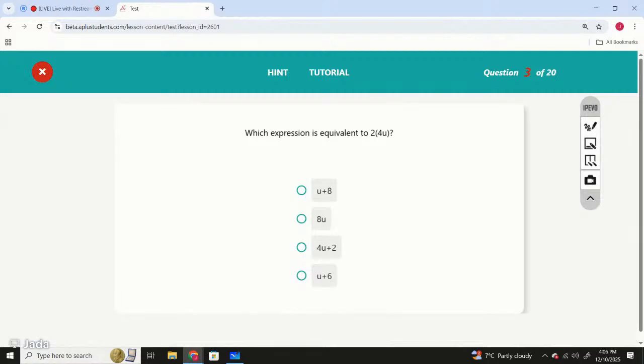Which expression is equivalent to 2 times 4u? That is 2 times 4 is 8. That equals 8u. Option number 2 is the correct option.